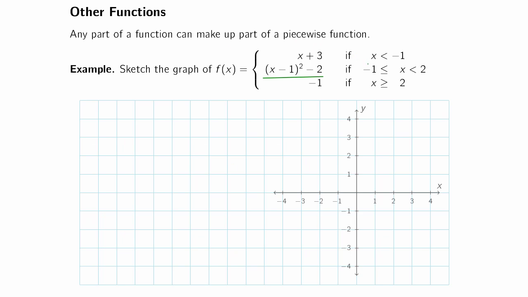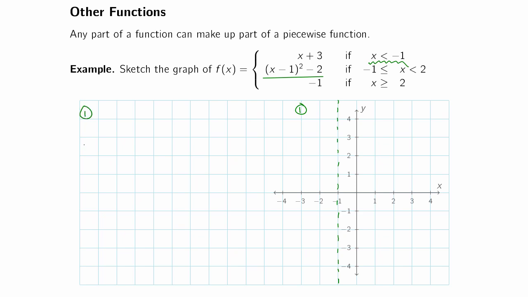The first piece of our domain has x less than -1. So our first cut is going to be made at -1. And this is going to be piece number 1.